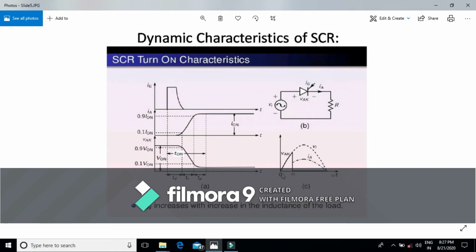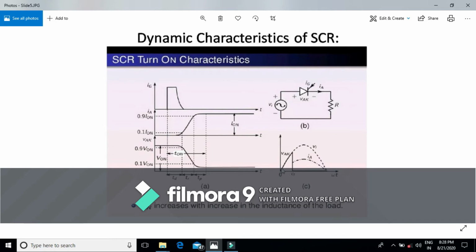The voltage across this SCR will be the anode to cathode voltage during the positive cycle. Once it reaches its triggering angle or that latching current mode, the SCR is turned on, and the voltage across this SCR will be slightly zero.